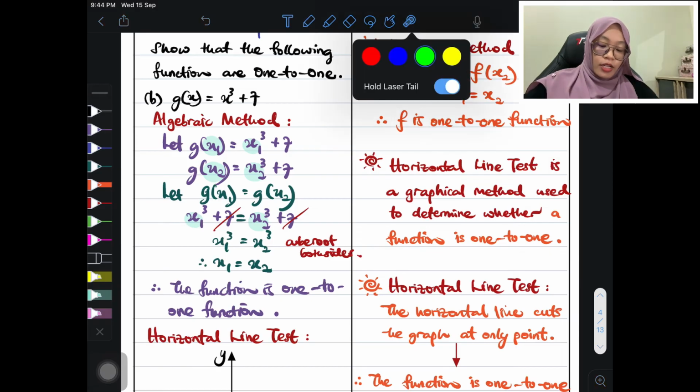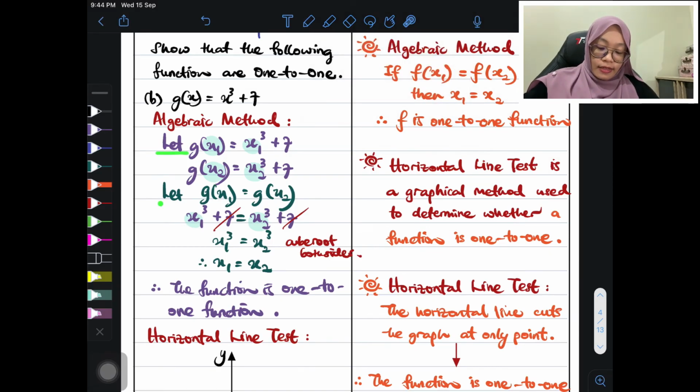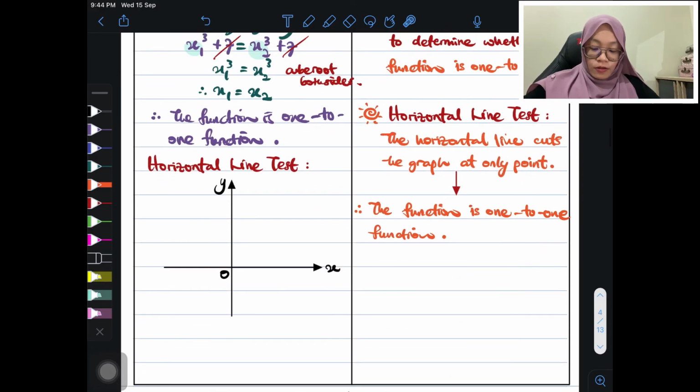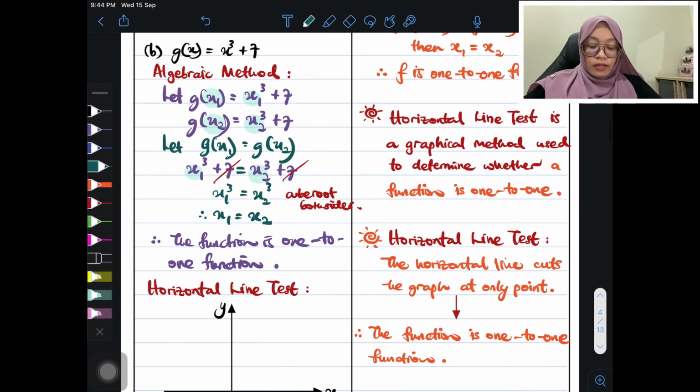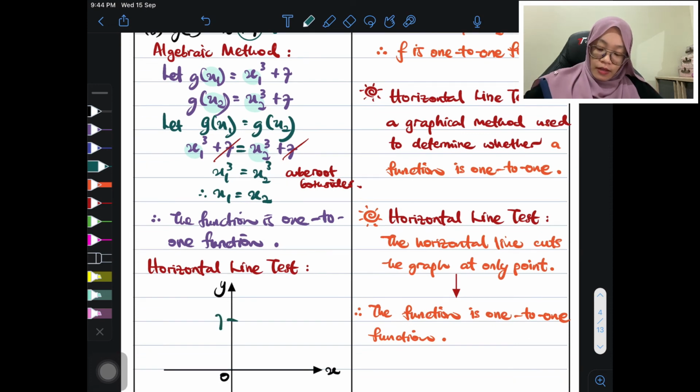Just make sure you do let and let. Assuming it first is very important for the algebraic method. Let's go to the horizontal line test. Now you have to be good at drawing cubic functions. Here, I won't teach in detail. What I'll do is sketch the cubic function for you. Plus 7 means this is the y-intercept. So 7 is around here.